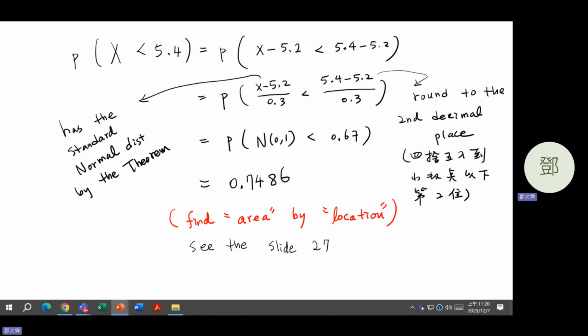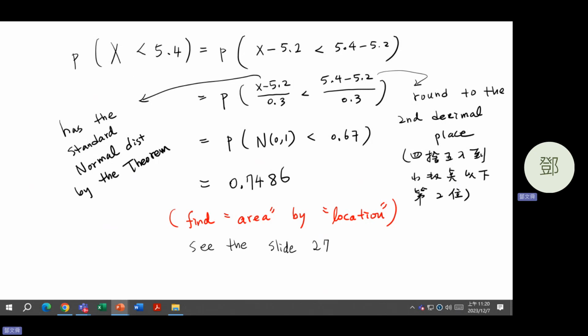No. So we need some transformation before we look at the table. We have to transform it into the standard normal distribution.